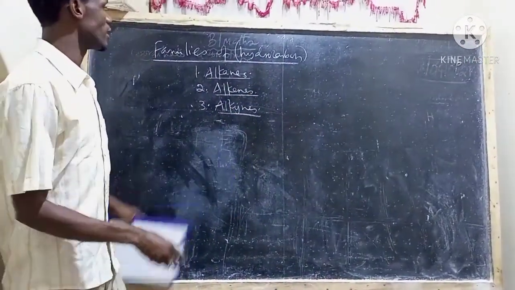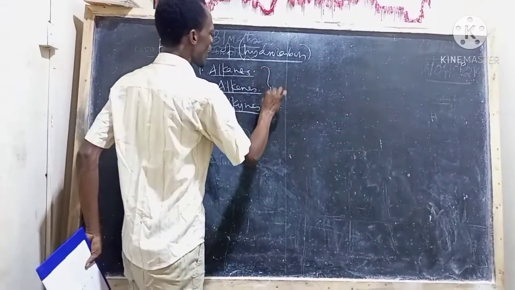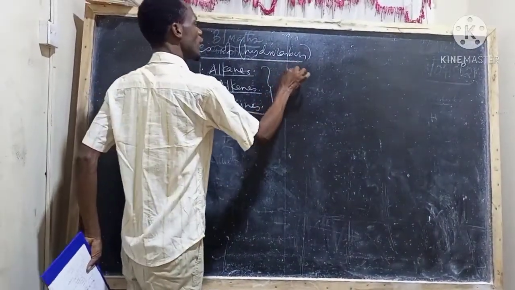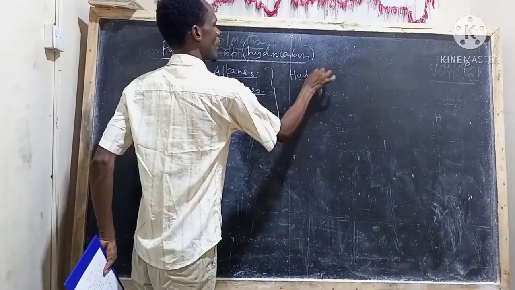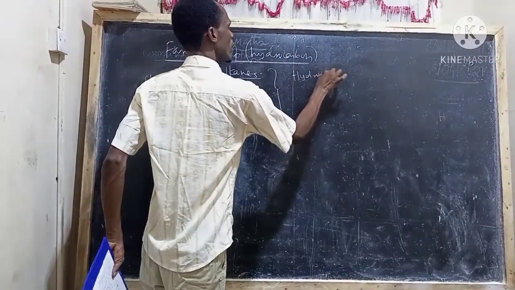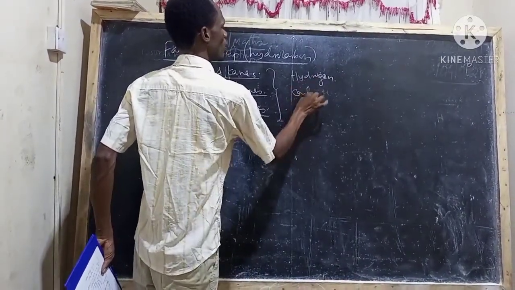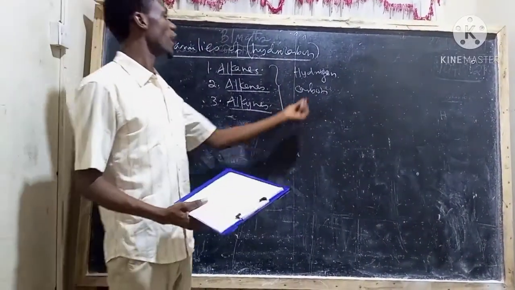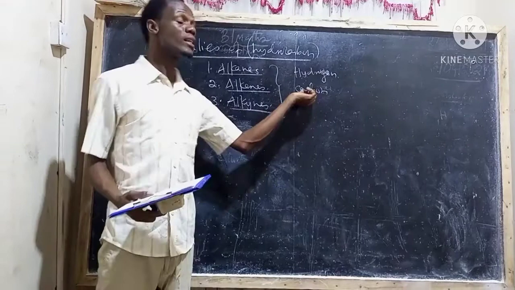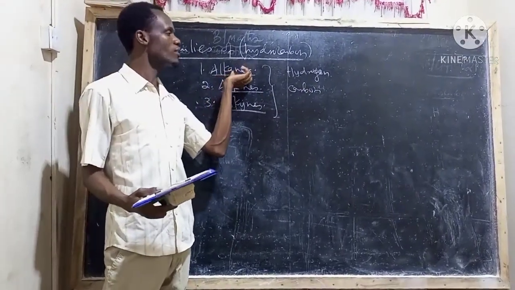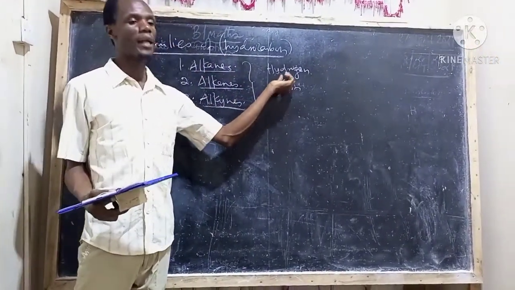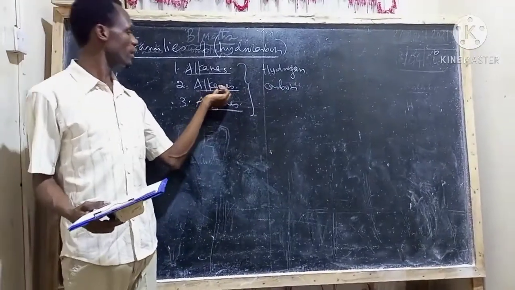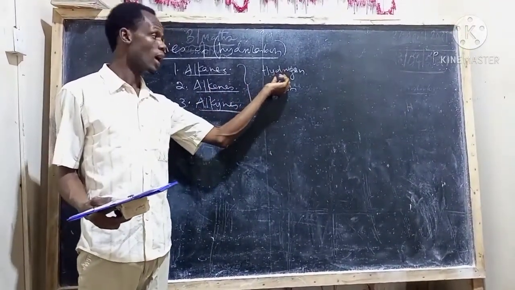And I have said, here we will be discussing hydrogen and carbon only, because they are called hydrocarbons. They are only made up of hydrogen and carbon. The same applies: if you're talking about alkanes, you only find hydrogen and carbon. If you're talking about alkenes, you find hydrogen and carbon.